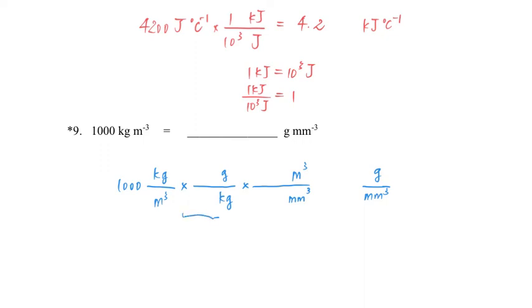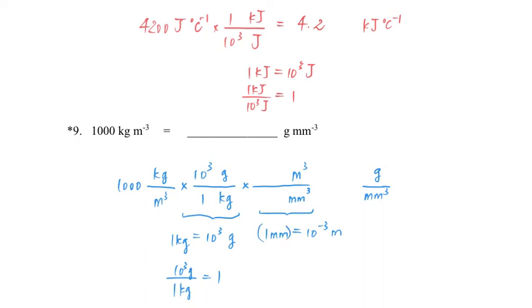For this one, 1 kg equals 10 to the power of 3 gram. 10 to the power of 3 gram divided by 1 kg equals 1. For this part, 1 millimeter equals 10 to the power of minus 3 meters.